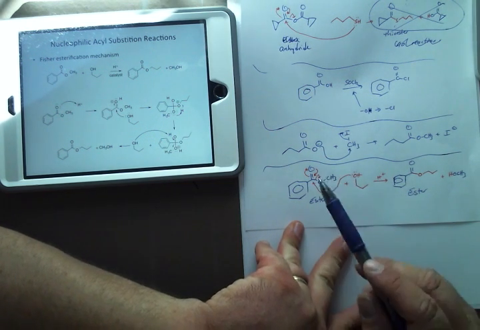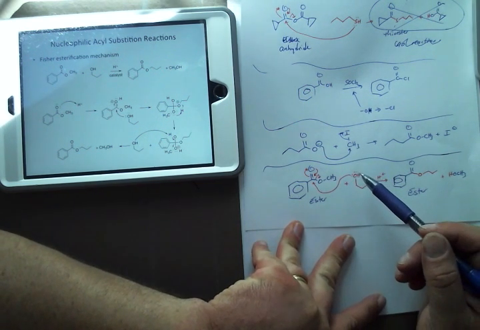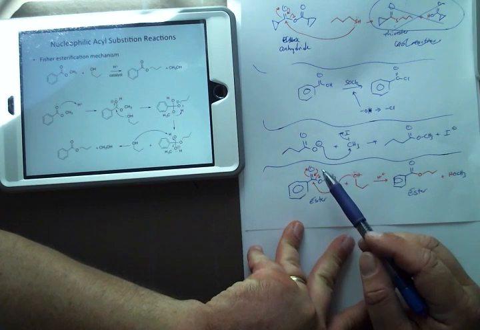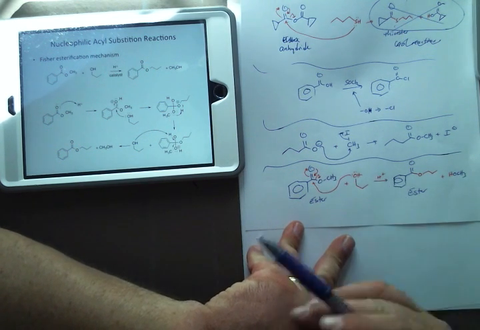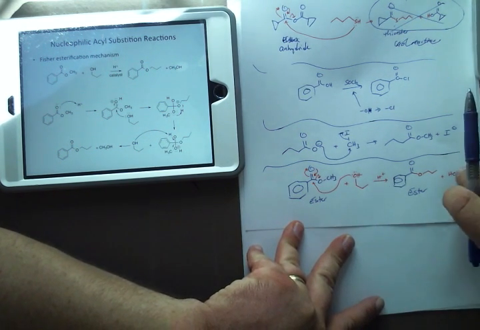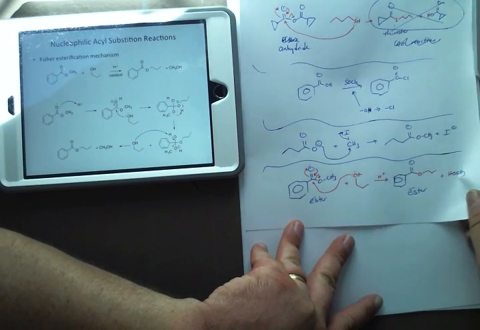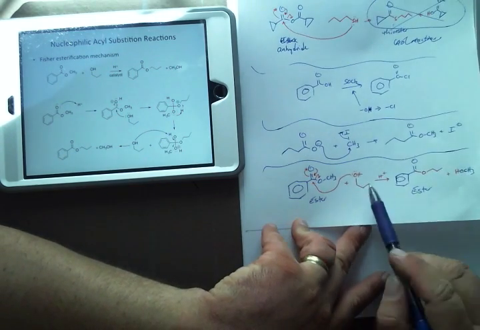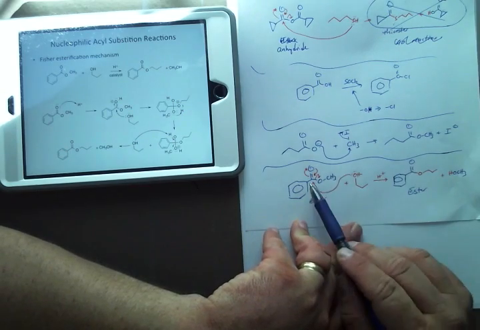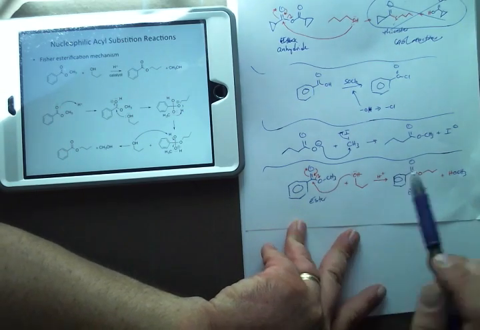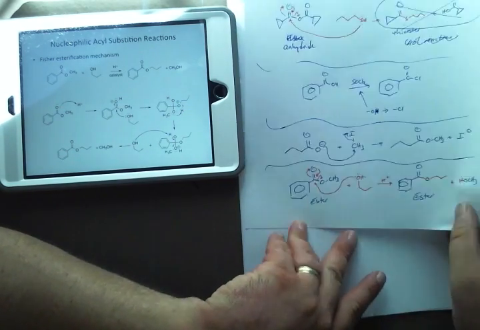The problem is you have to avoid the production of minus charges, because as soon as you form a minus charge, it's going to gobble up all your acid catalyst, and so the reaction is going to stop, or slow way down. But essentially you're doing the same thing. You're just swapping alcohol groups from one ester to another. Okay? So there you go.